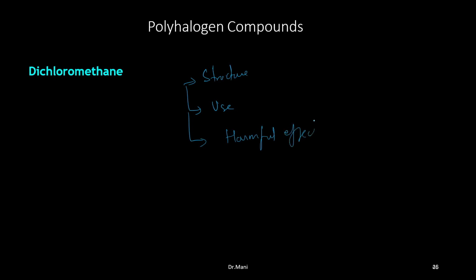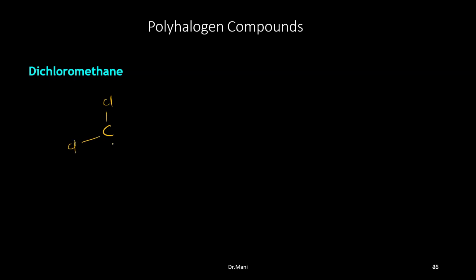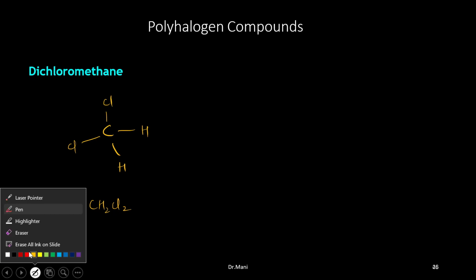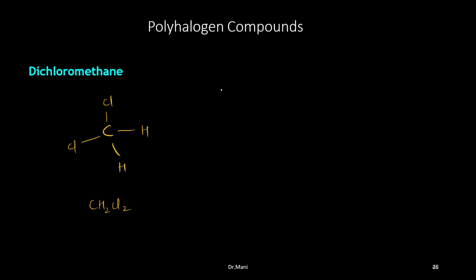So these are chloromethanes. How many chlorines are present? Two. So there will be two chlorines and the others will be hydrogens, which is nothing but CH2Cl2. This is called dichloromethane. So what are the uses? For the board exam it could be helpful.